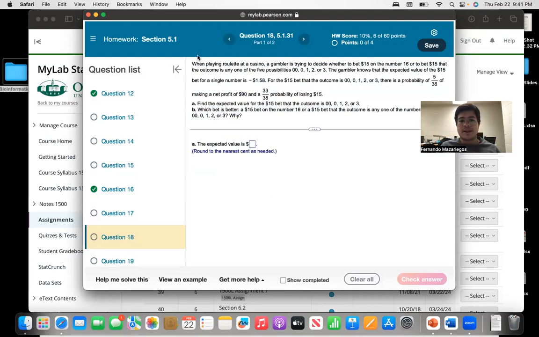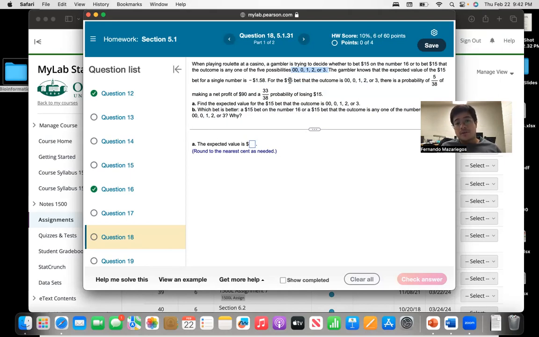When playing roulette at a casino, a gambler is trying to decide whether to bet $15 on the number 16 or to bet $15 that the outcome is any one of the 5 possibilities, 0, 00, 1, 2, or 3. The gambler knows that the expected value of the $15 bet for a single number is negative $1.58.